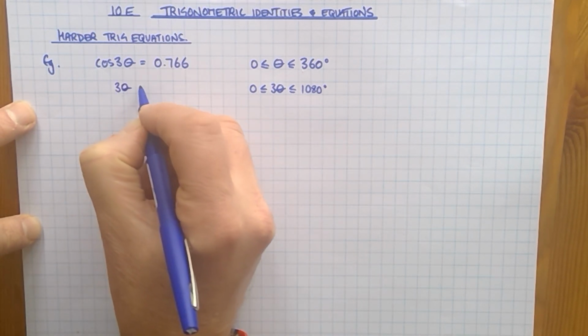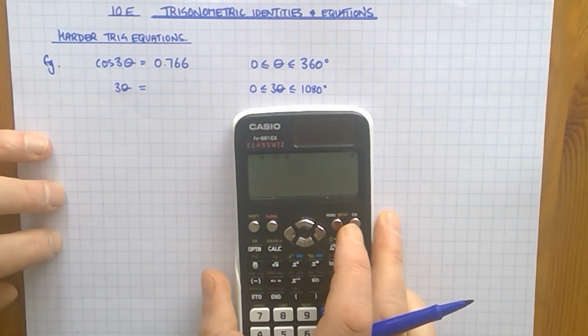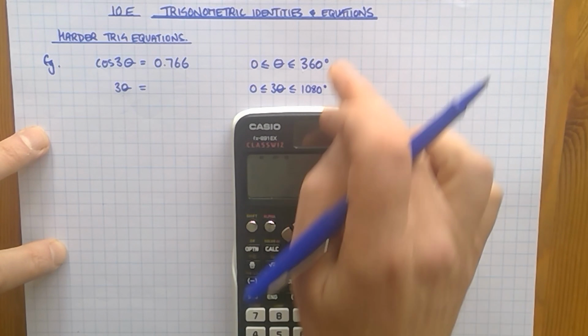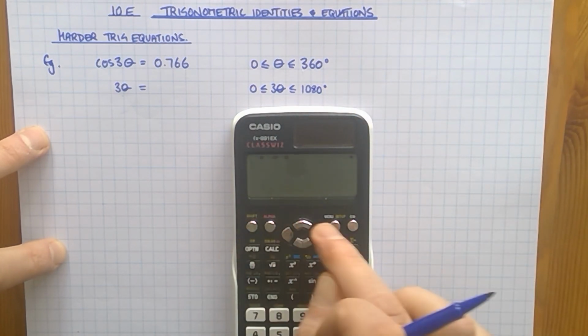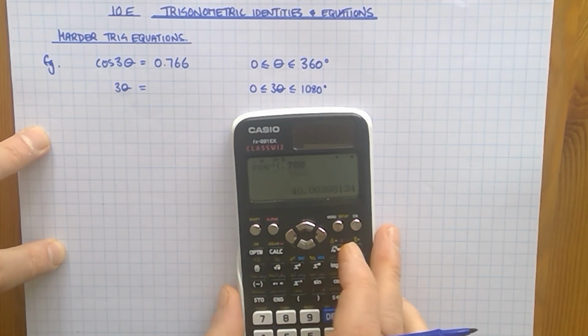So for 3 theta, let's find out what our principal value is, our primary value. We are in degrees here, so I better set my calculator to degrees. Okay, shift cos 0.766, 40 degrees.